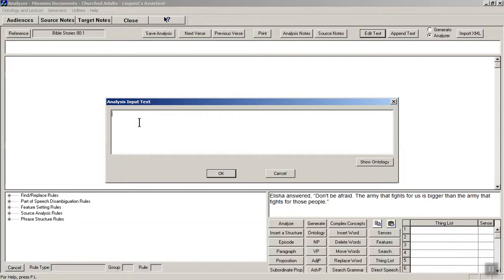Okay, I'm going to use voice recognition to help me do this faster. The army, left bracket, that fights for us, no space, left paren, Elisha, right paren, right bracket, is bigger than the army that fights for those people, right bracket, period.